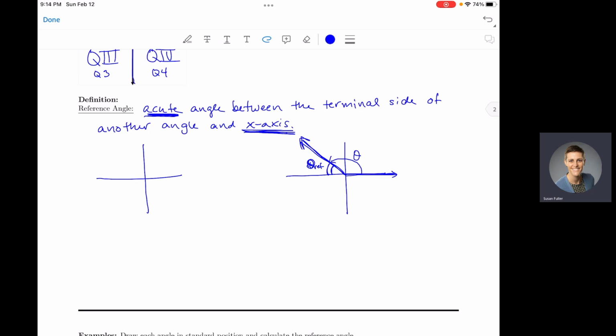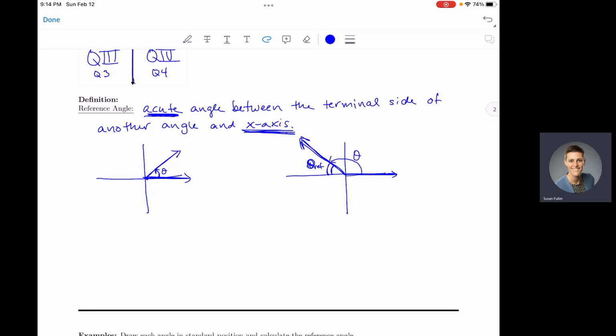Let's come back to quadrant 1 now. Let's say I have an angle in standard position, so my initial side is on the positive x-axis. Let's say my terminal side rotates into quadrant 1 and stops there. That means this is my angle theta. So where is my reference angle in quadrant 1?